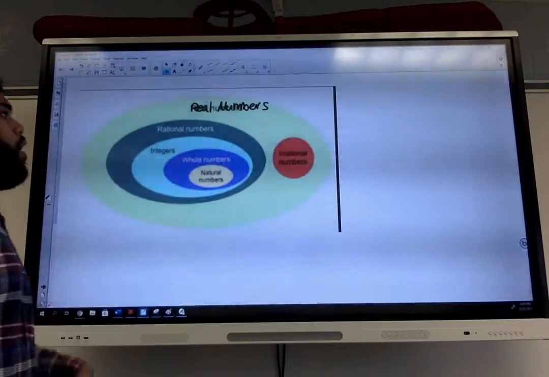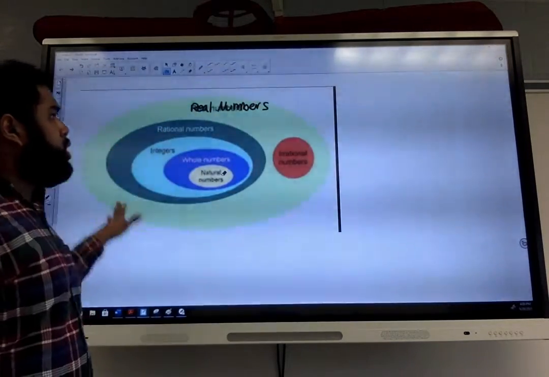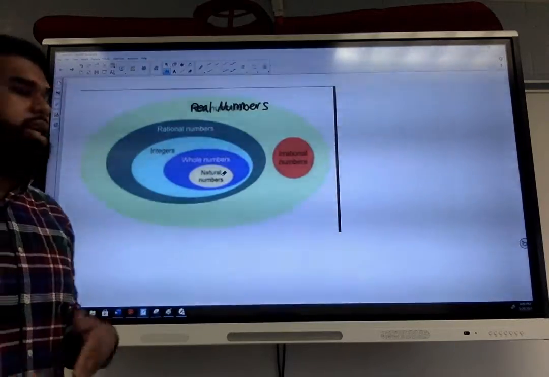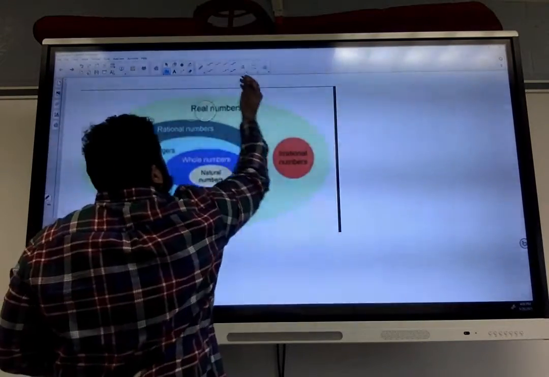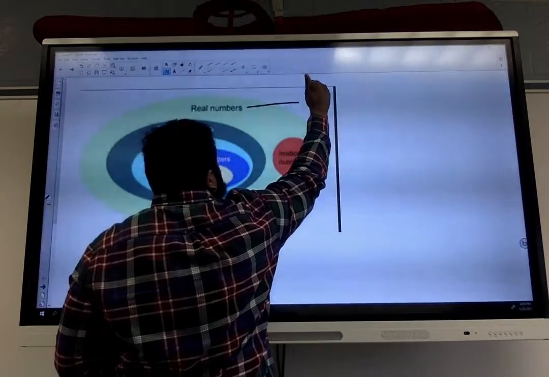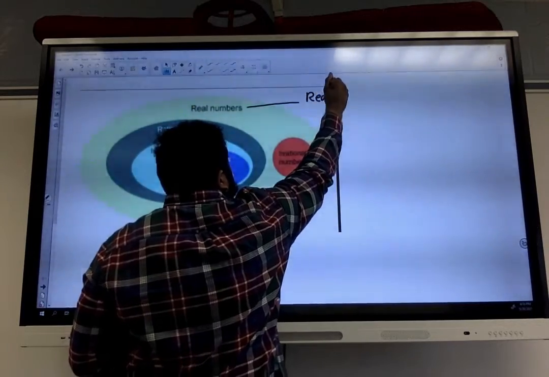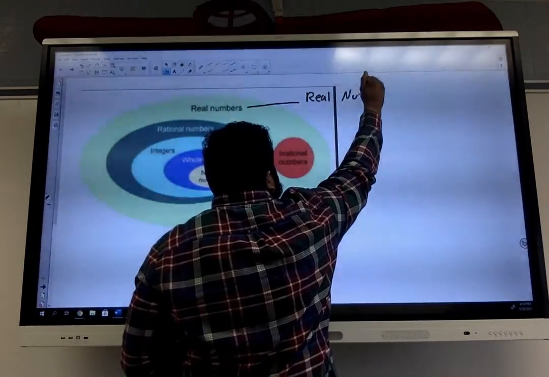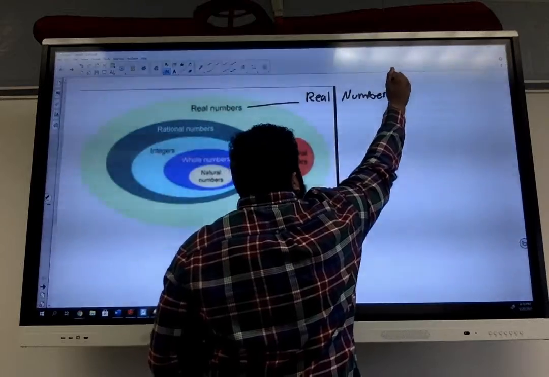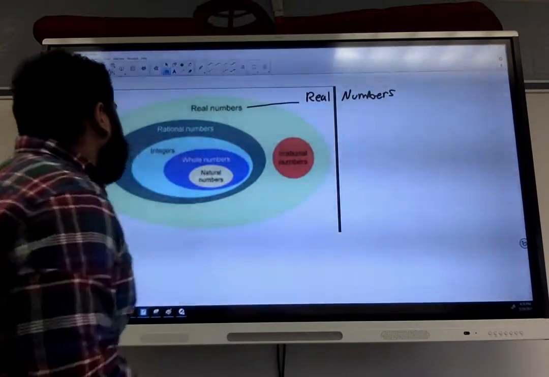So all of this is included in real numbers. It is considered a real number. Now let me go ahead and put it up to the side. Real numbers. Okay. Now, what's included in real numbers?